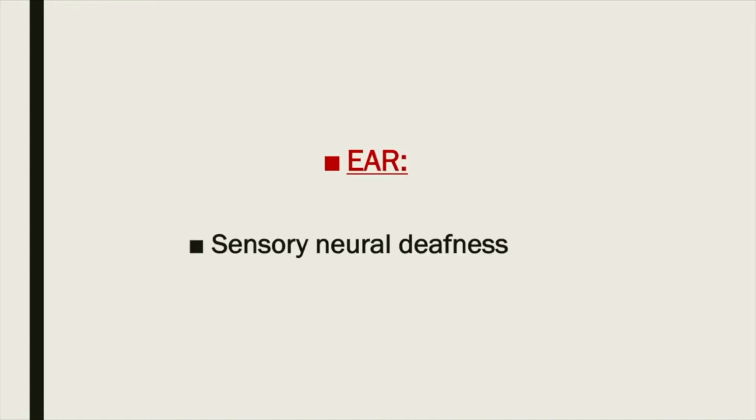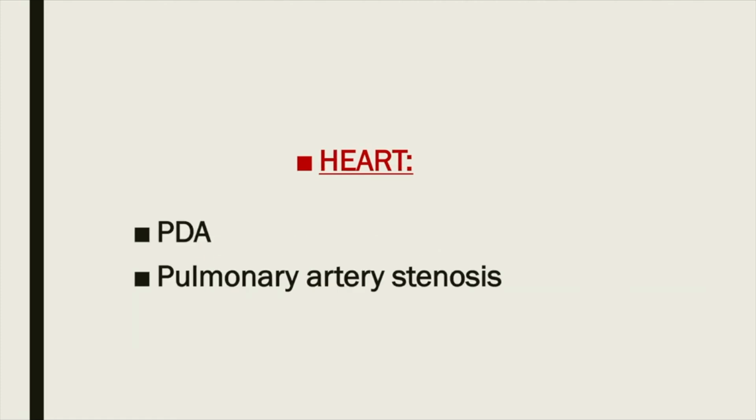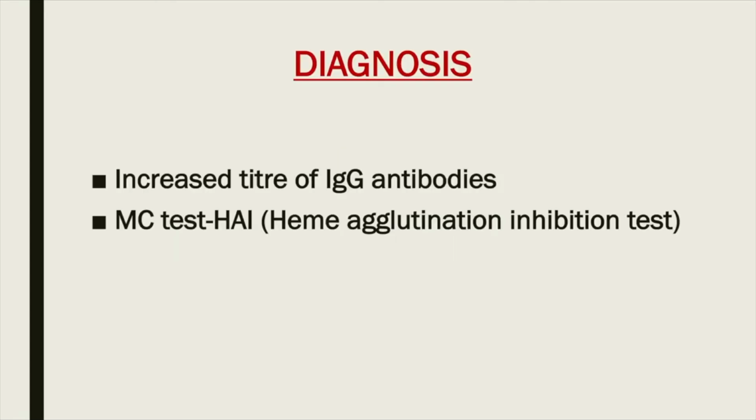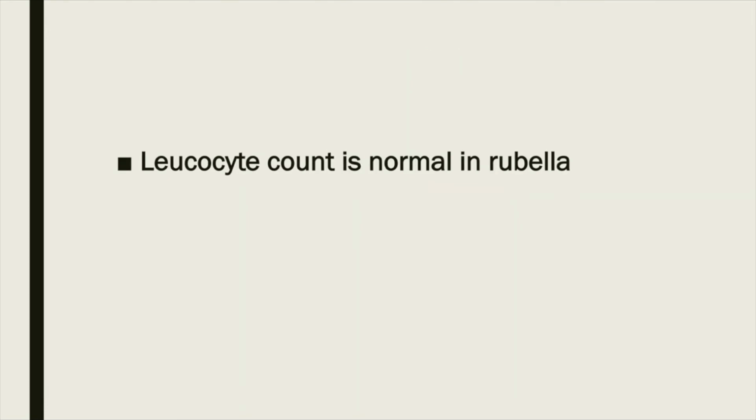Ear, sensorineural deafness. Heart, PDA and pulmonary artery stenosis. Skin, blueberry muffin lesions. Diagnosis: increased titer of IgG antibodies. Most common test is HAI, hemagglutination inhibition test. Leukocyte count is normal in rubella.